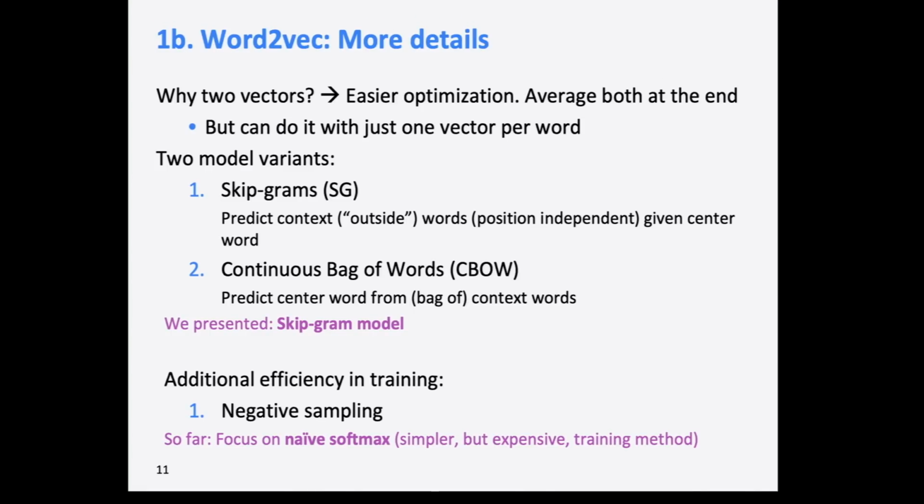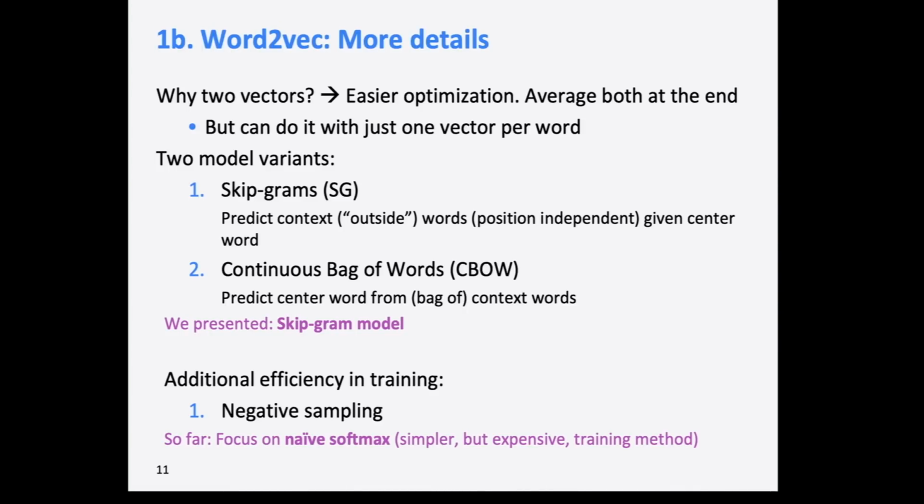Okay, more substantively, if you go to the word2vec paper, you will discover that there's more to word2vec. They define a family of word2vec models, and there are two main parts of that family. Firstly, there's a choice between the continuous bag of words model and the skipgrams model.